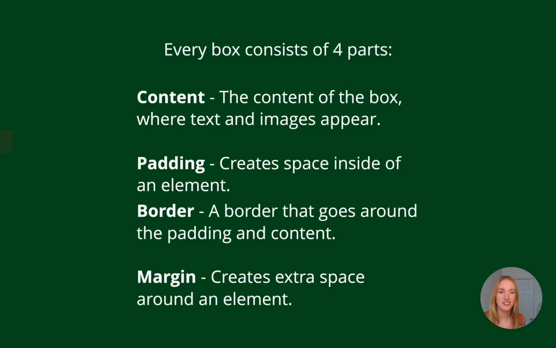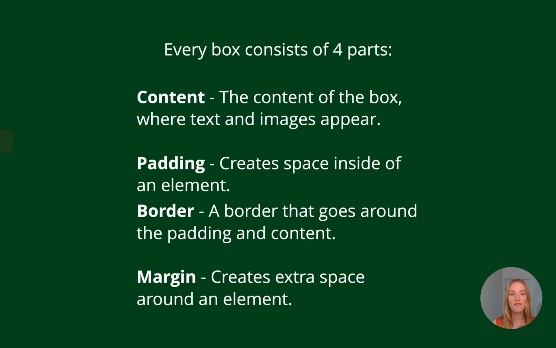Every box consists of 4 parts. First of all, we have the content. The content of the box. It's where text and images appear. Then you have the padding. Now, padding creates space inside of an element. Next, you have border. A border goes around the padding and content.